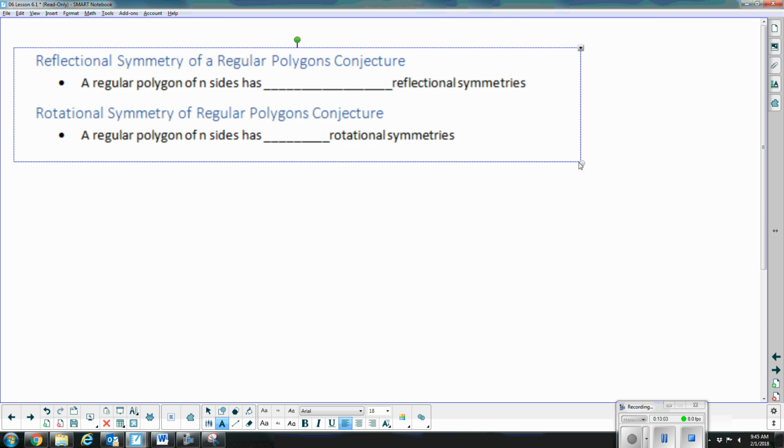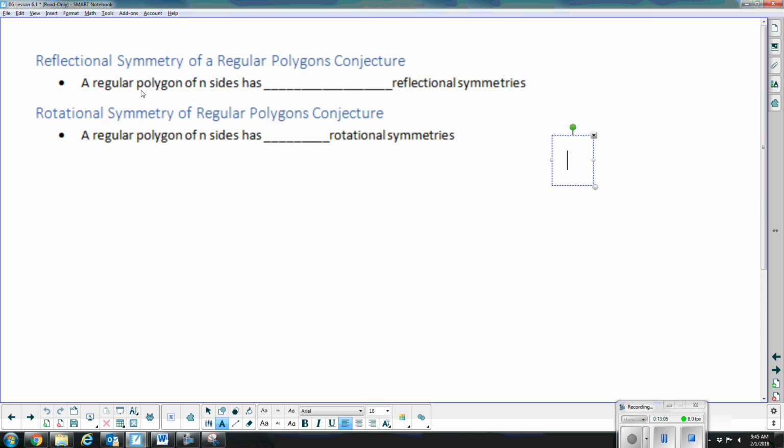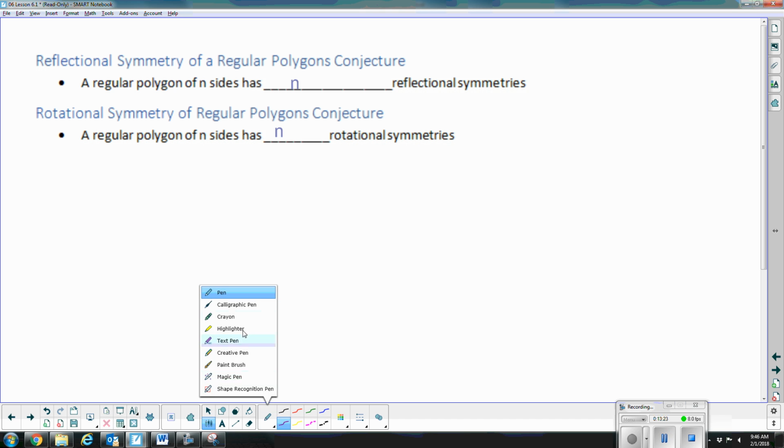So looking at your next sheet, your next page, this conjecture that you have, a regular polygon of n sides has n reflectional symmetries, and a regular polygon of n sides has n rotational symmetries. So again, this is specifically regular polygons. So regular meaning all sides are the same length and all angles are the same degree.